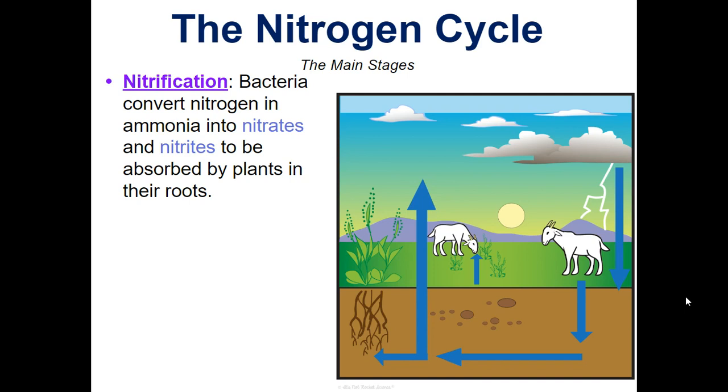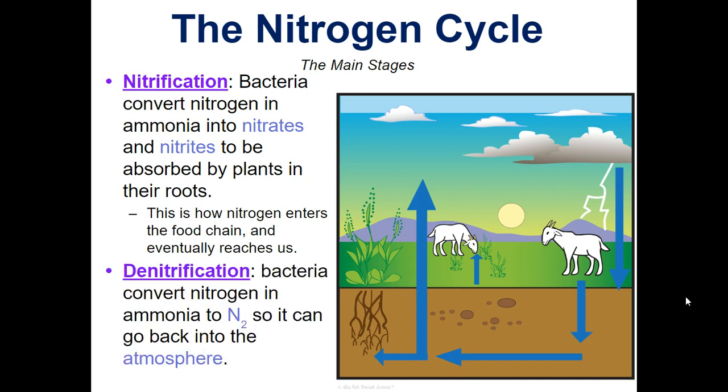That is nitrates and nitrites. These two types of nitrogen compounds can be easily absorbed by plants in their roots. And so this is how nitrogen winds up entering into a food chain and eventually reaches consumers like us.